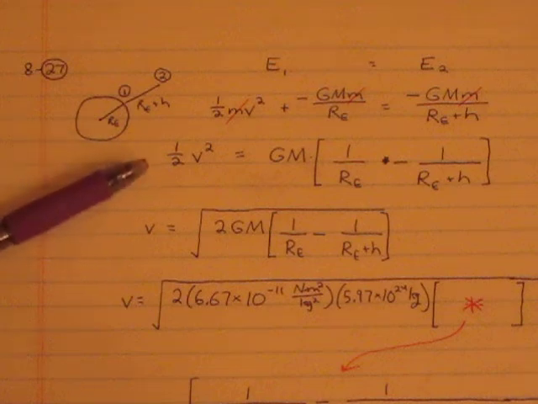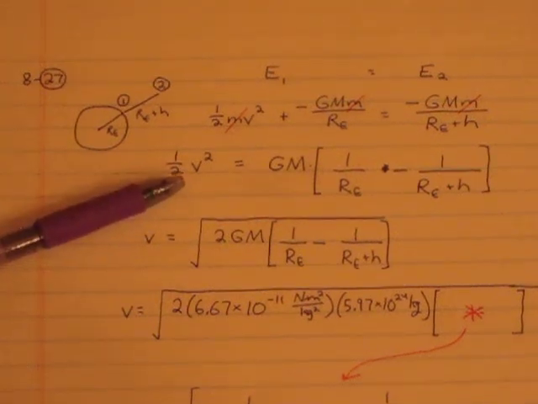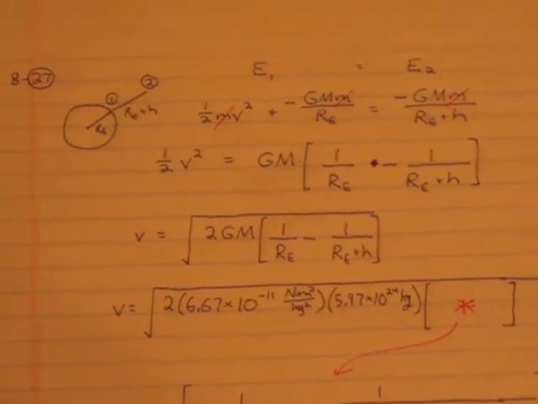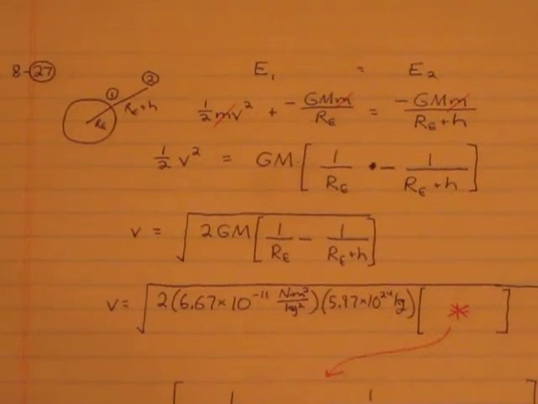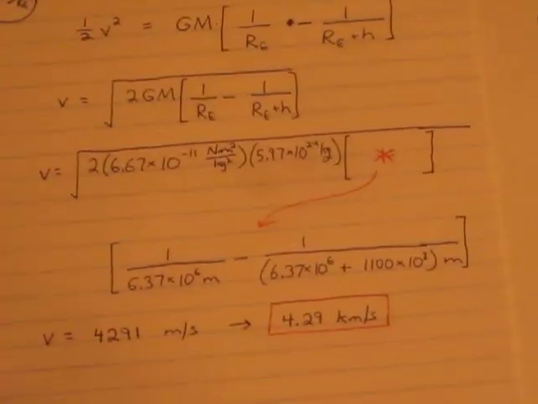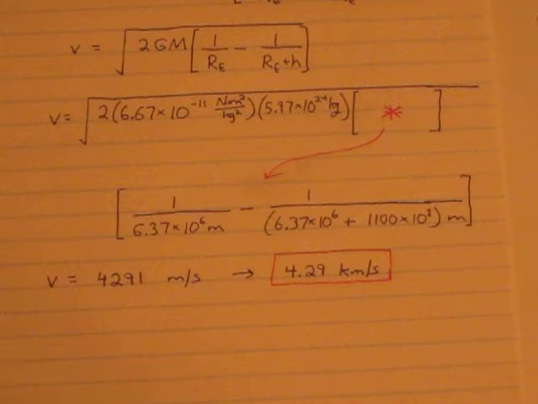We're left with 1/2 v squared equals GM times the difference of those reciprocals. Solving for v, it's a square root at the top of your screen: the square root of 2GM times the difference of the reciprocals of the radii.